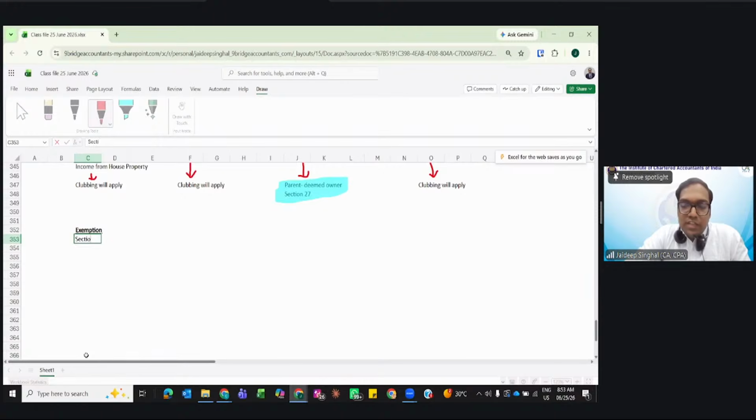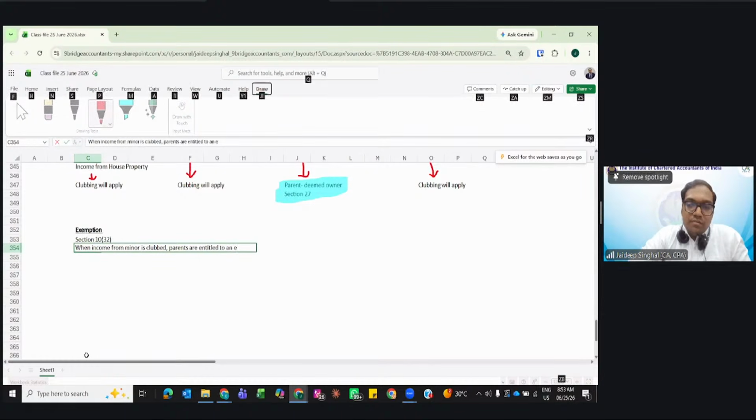This is called section 10(32) exemption. When income from a minor is clubbed, parents are entitled to an exemption of 1,500 INR in respect of each minor child.